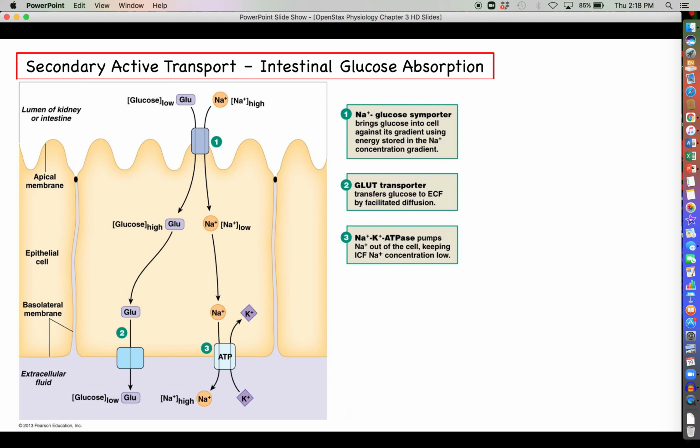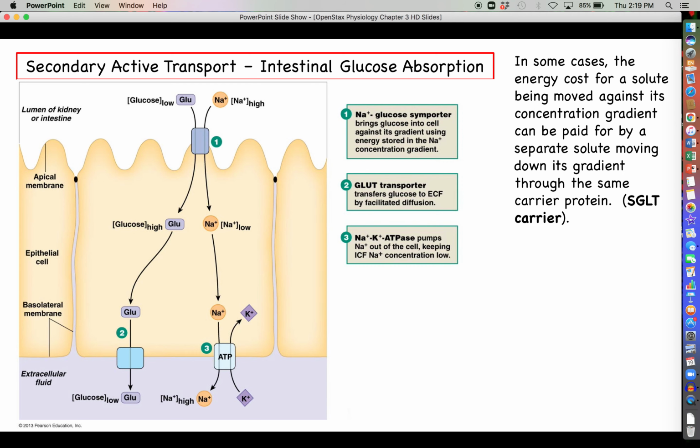Now, we've already looked at primary active transport, and we could utilize a molecule of ATP in order to get glucose across, but that is not actually what we're going to do. We are instead going to use secondary active transport. Well, what is secondary active transport? Secondary active transport will involve one molecule moving through a carrier at the same time that another molecule moves through the same carrier.